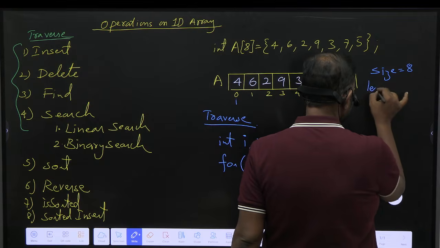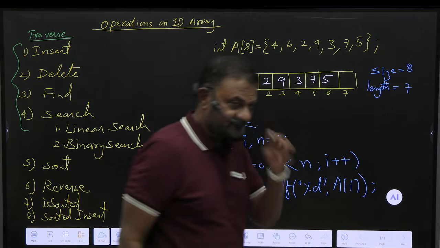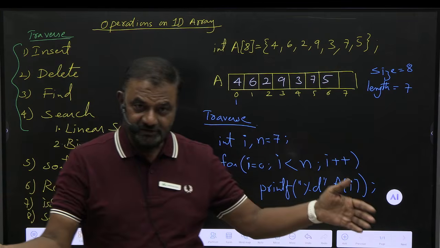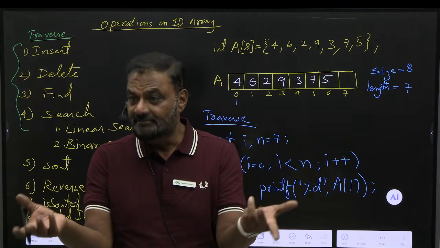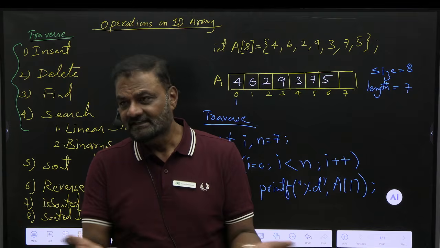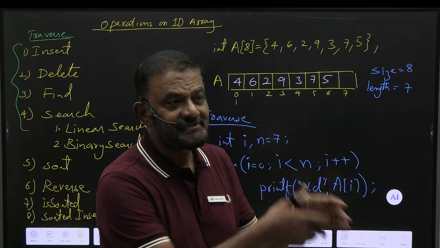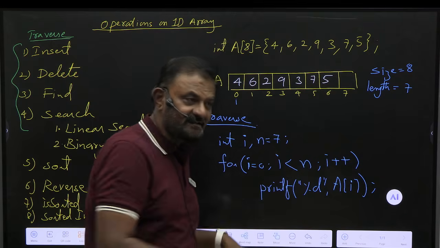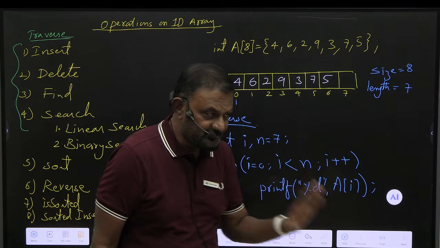Let us call it like this. Length is how much? 7. Size is the capacity of the array. Length is the length of the list of elements in it. So size and length give the same idea, same sense, but let us differentiate. Size means the size of the array is the capacity and length is the number of elements. So n is the length of an array, the number of elements right now.